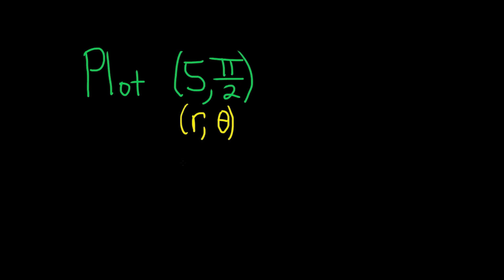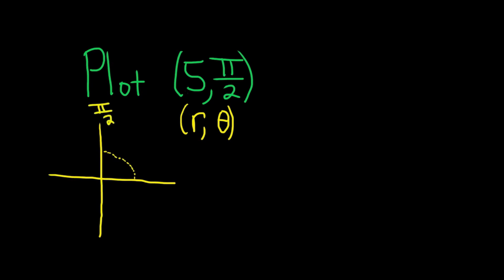So without the formulas, let's first go through the plotting process. We'll draw the little axes here. Your theta here is pi over 2. The way I like to do it is I first travel a distance of pi over 2, which is going to be right here.